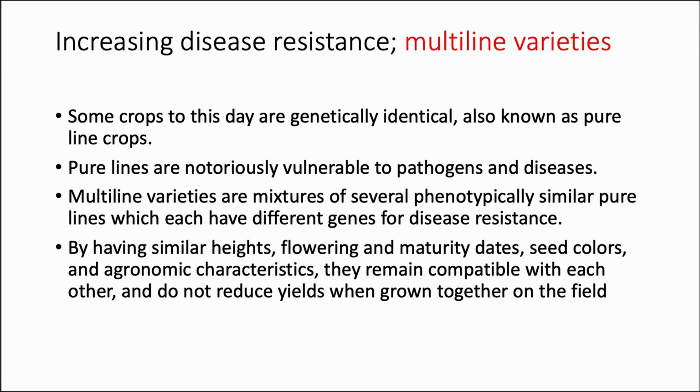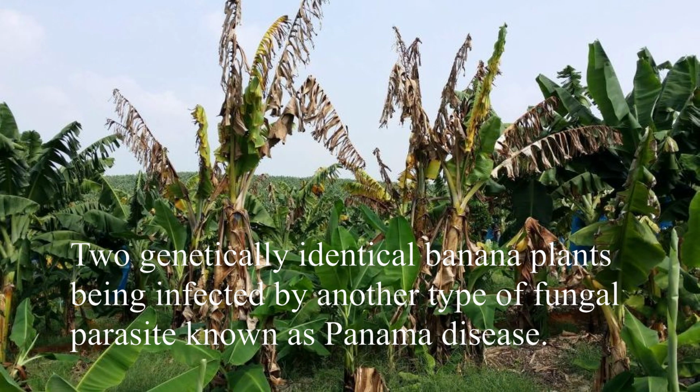So what happens when one plant is susceptible to a pathogen? If it's growing next to clones, in a monoculture, and one plant is susceptible to a fungus like rust, they all are susceptible to rust.